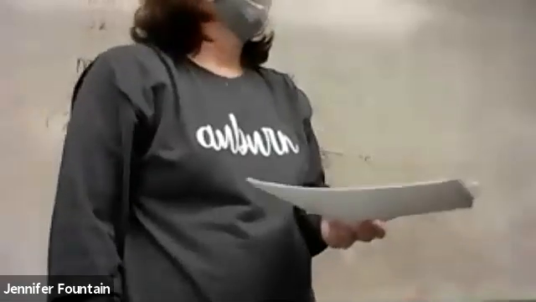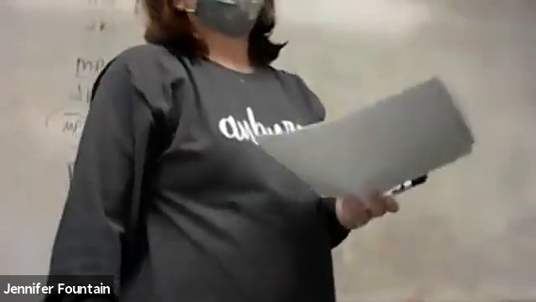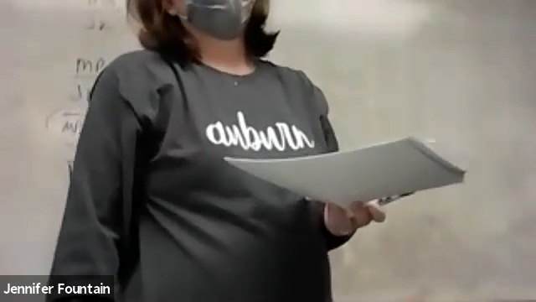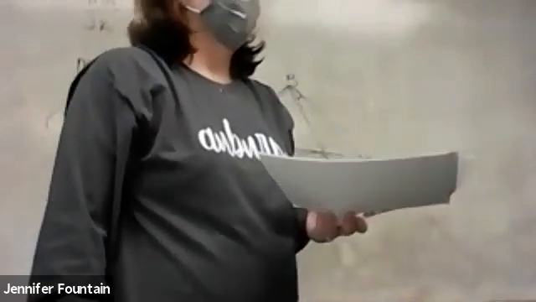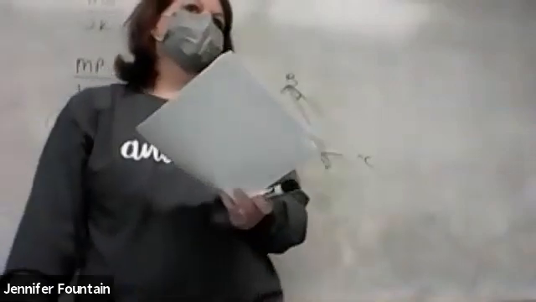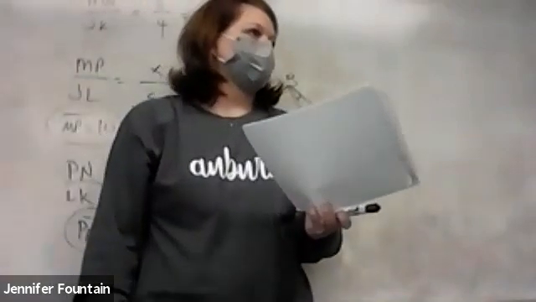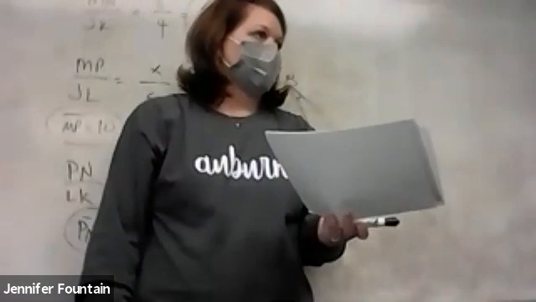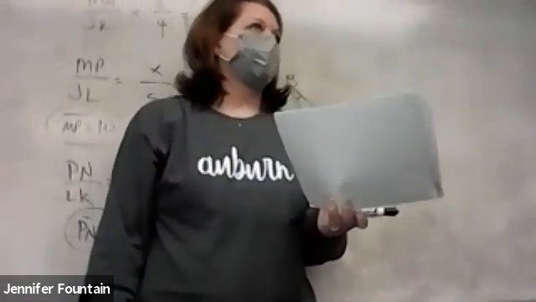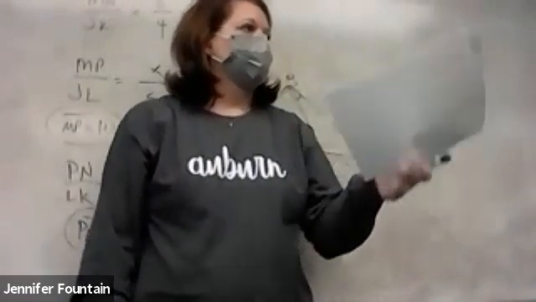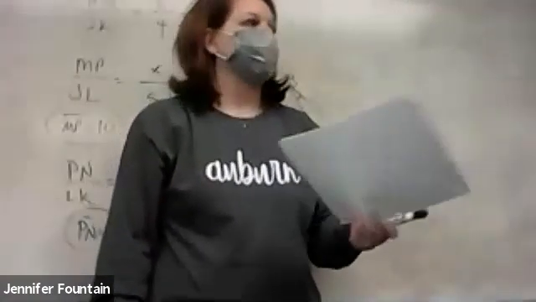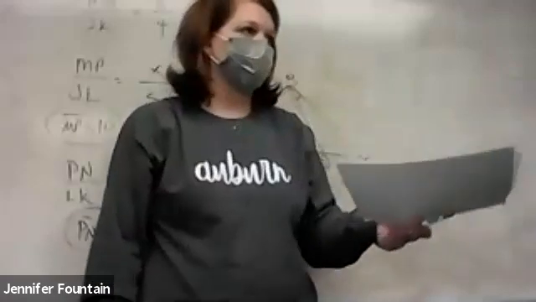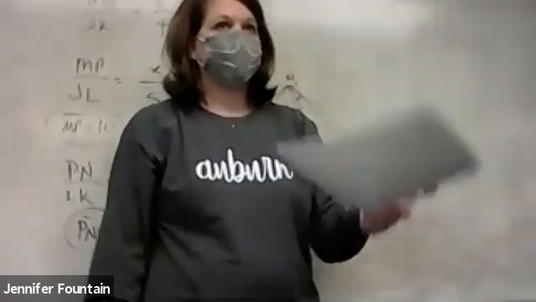61, distance formula. D equals the square root of, what's my distance formula? D equals the square root of X2 minus X1, you've got your X values, the difference of your X values, X2 minus X1 or X1 minus X2, it doesn't matter which order, squared, plus Y2 minus Y1 squared.